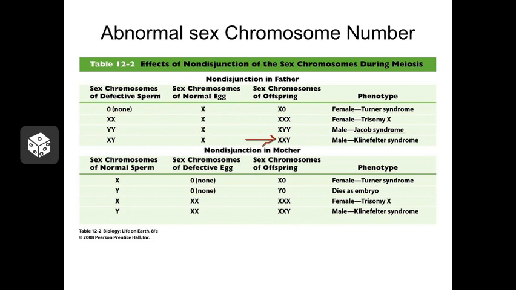This condition, XXY, is known as Klinefelter's syndrome. Now, because that individual does have a Y chromosome, it does make the body male, but the presence of that extra X chromosome can actually have a feminizing effect on the body, especially during puberty. So individuals with Klinefelter's can have partial breast development, for instance, during puberty.